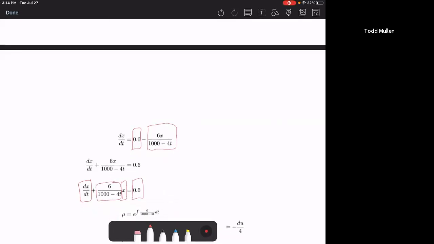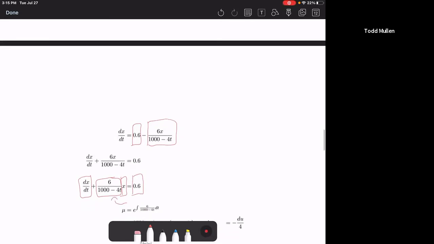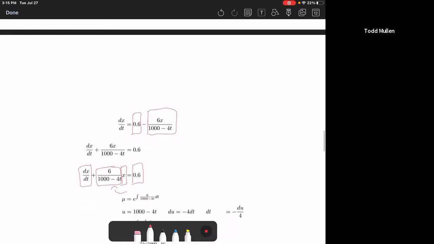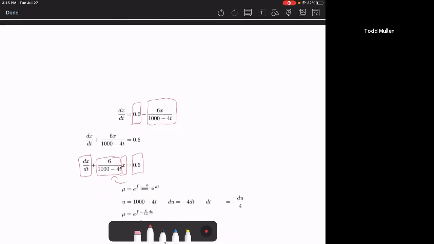So we have to get an integrating factor that is e to the power of the integral of whatever is multiplied by x. Now we'll stop for a second to actually calculate this integral. We need to let u equal 1,000 minus 4t. So we get that dt is equal to negative du over 4.